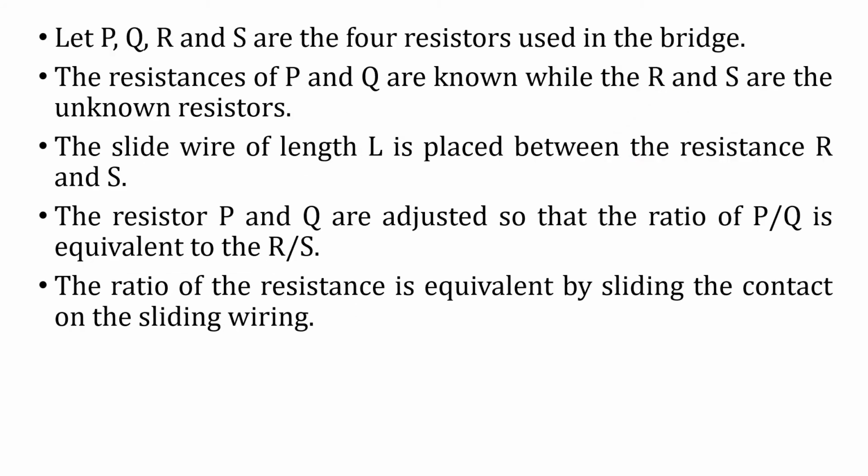Let P, Q, R and S be the four resistors used in the bridge. The resistances P and Q are known while R and S are the unknown resistors. The slide wire of length L is placed between the resistors R and S. The resistors P and Q are adjusted so that the ratio of P by Q is equal to R by S. The ratio of the resistances is equalized by sliding the contact on the slide wire.